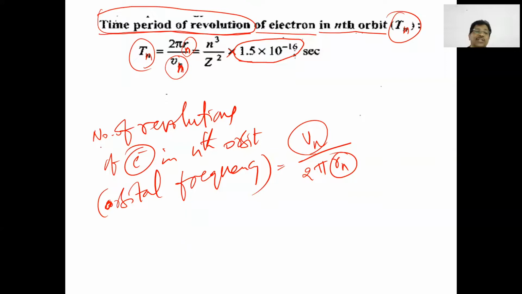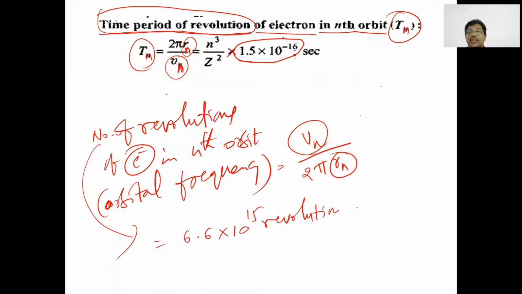Yesterday we discussed that the number of revolutions is equal to 6.6 × 10^15 revolutions into Z² by n³. Now it is inverted to get this value.